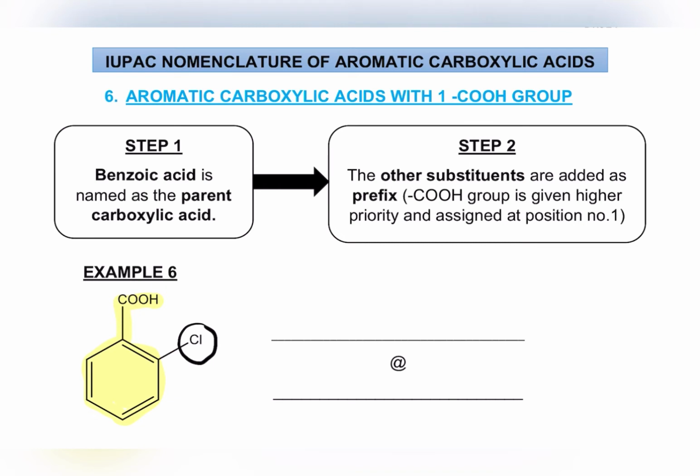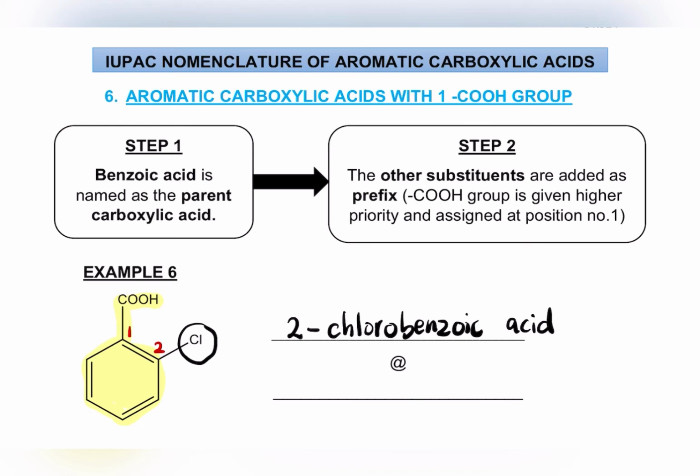And this carbon in the ring that holds carboxyl group automatically will be first carbon, and chloro will be at the second carbon. And now the full name for this structure will be 2-chlorobenzoic acid.